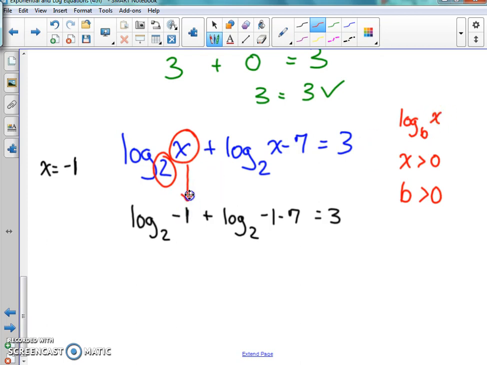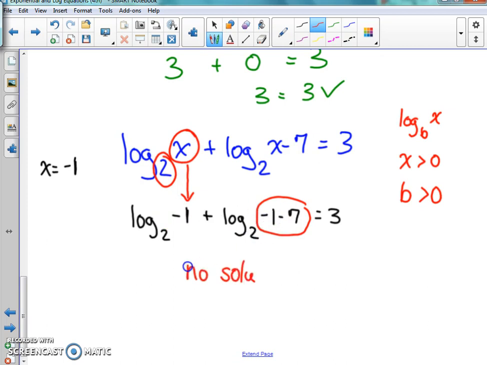But if we look at this problem here, that x value, that spot right there, is that a positive answer or a negative answer? Yes, it's negative. And if we do -1 minus -7 here, doesn't that come out to be negative also for that spot? It's negative. So if there's a negative number in this spot, when we combine them, it was no solution.